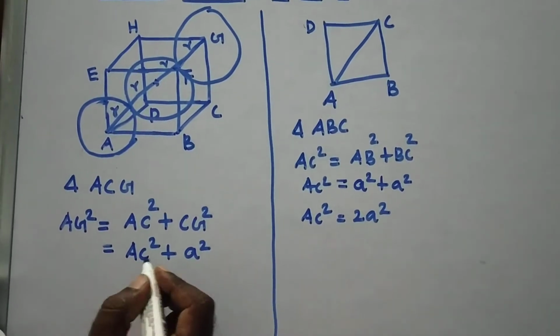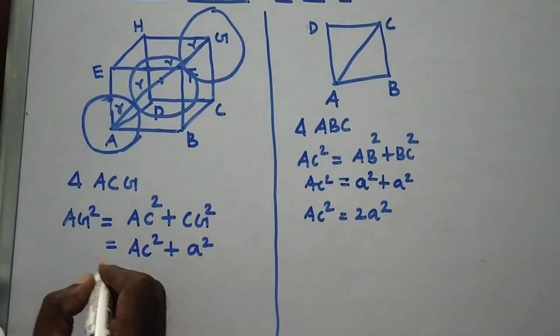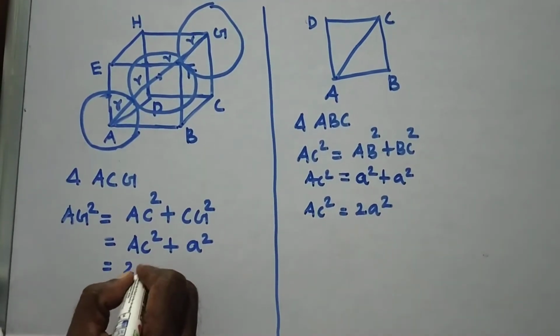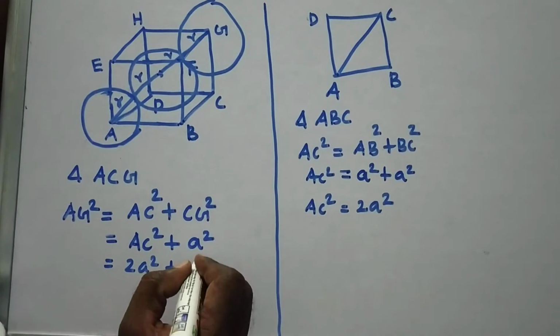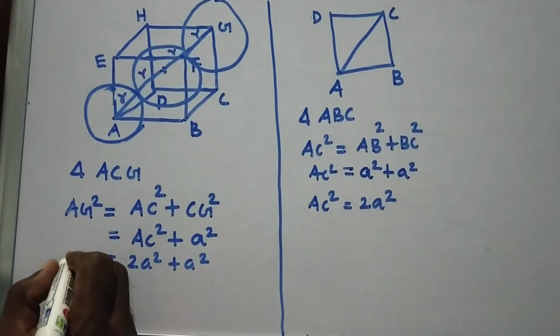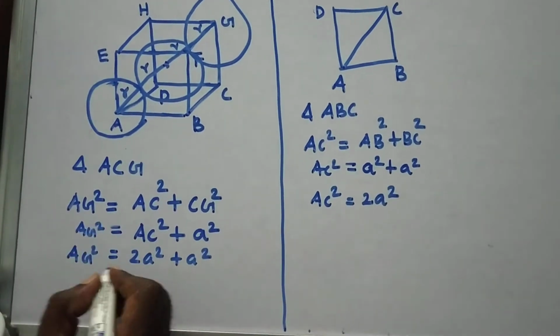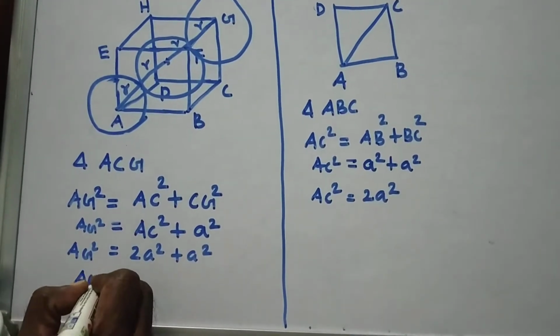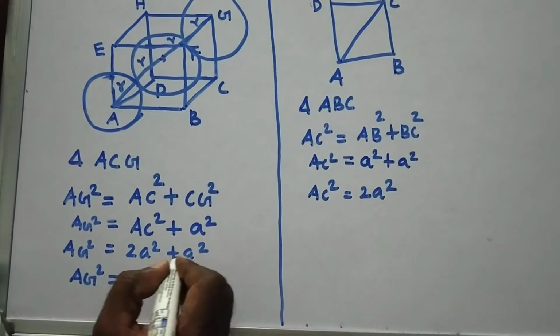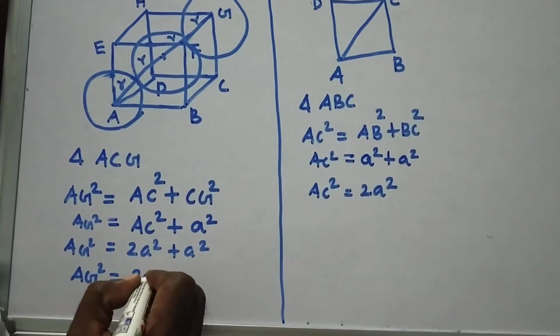Now substitute this value in this place. Then AG squared is equal to 2a squared plus a squared, equal to 3a squared.